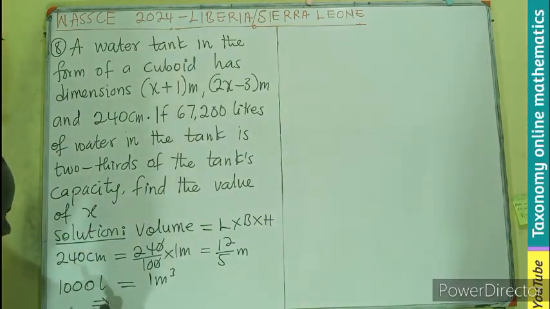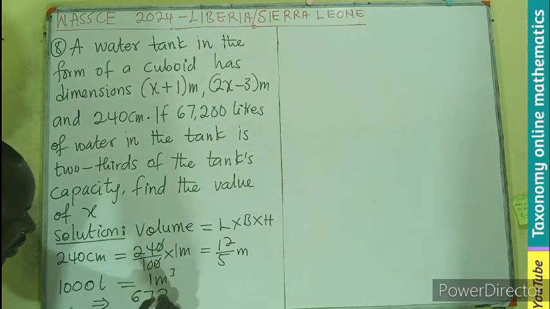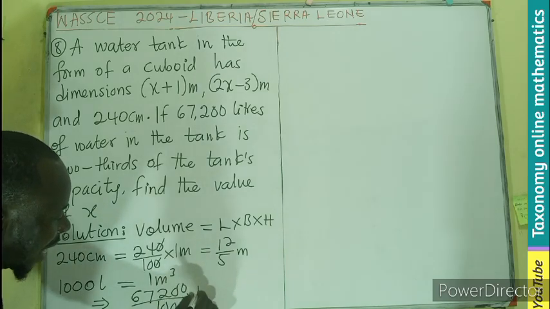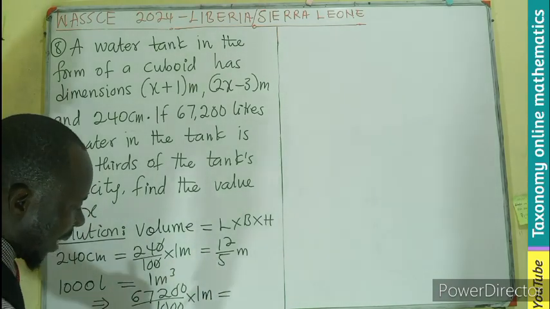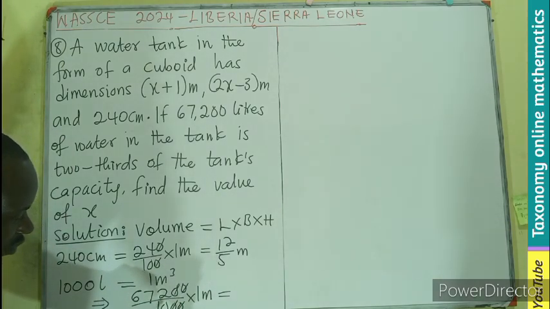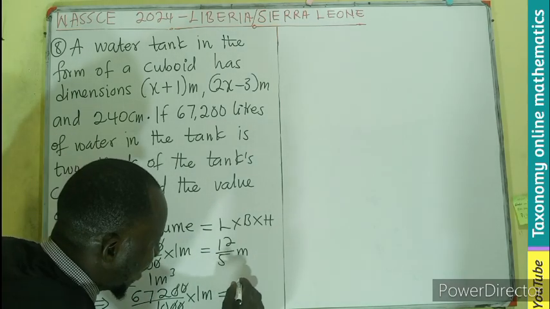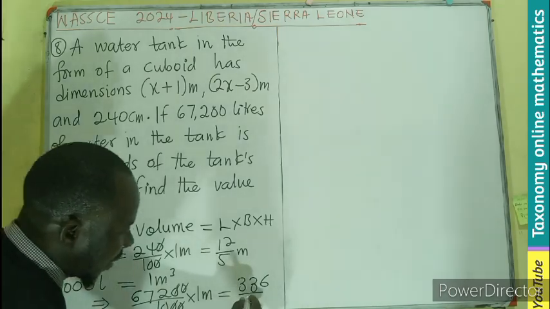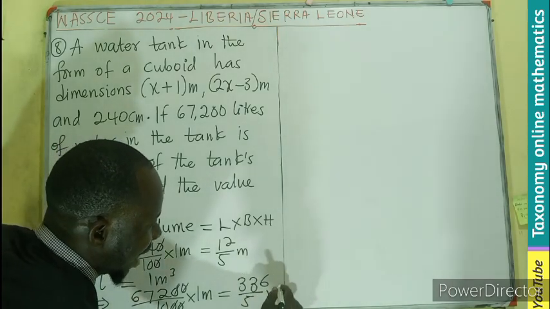So 67,200 will be divided by 1,000 times 1 meter. These zeros will cancel. We can see that 2 will go here, 3, 3, 6. So I'll be having 336 divided by 5, and that will be meter cube.